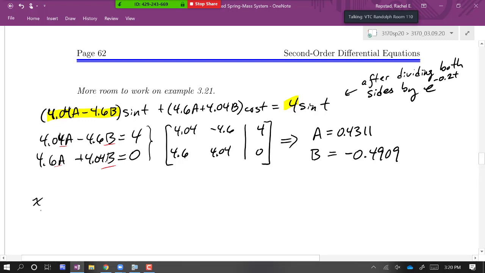So now we have our particular solution, which is 0.4311 e to the negative 0.2t sine of t minus 0.4909 e to the negative 0.2t cosine of t.